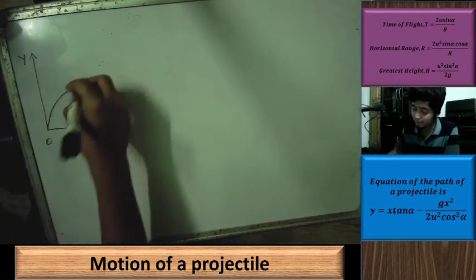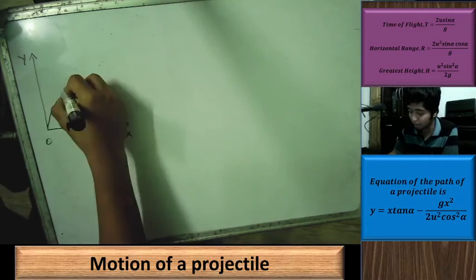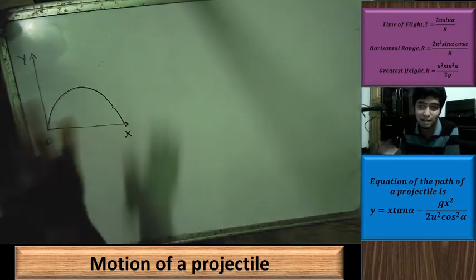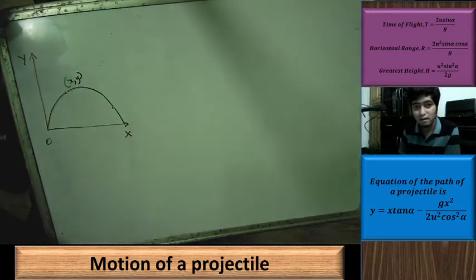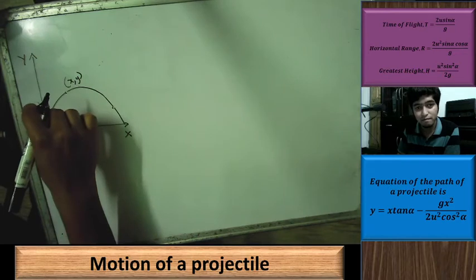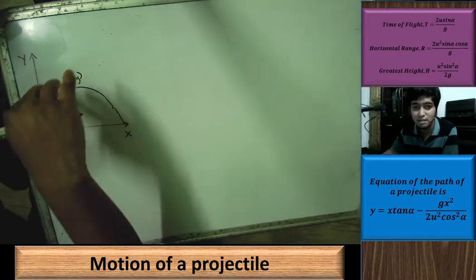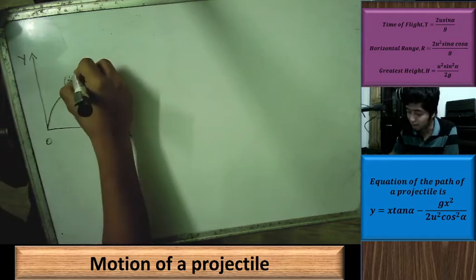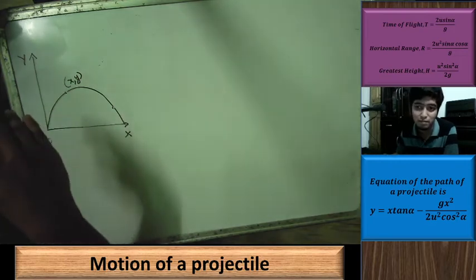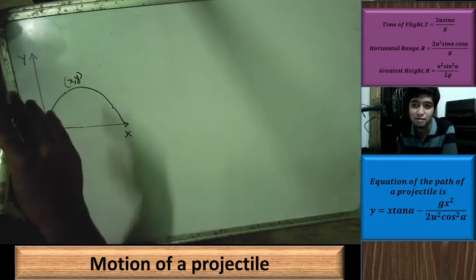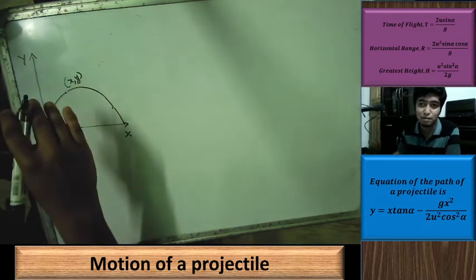I will just take any point in this path, maybe take it as (x, y). I will find an equation in x and y which this path satisfies. So that is what I mean when I want to find the equation of the path of a projectile. This point will satisfy that equation.